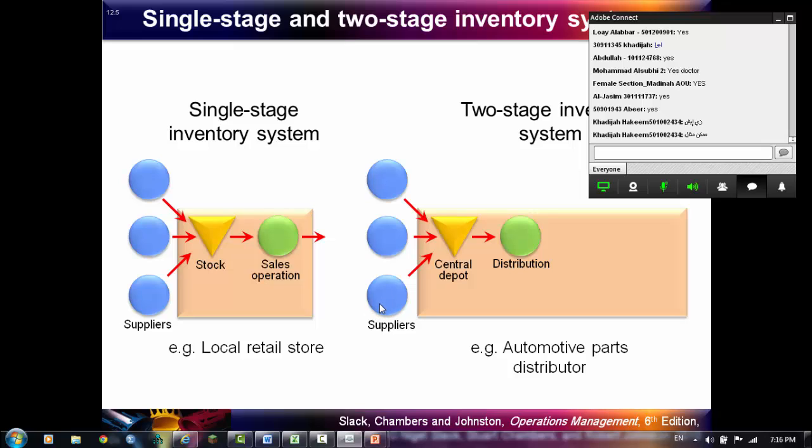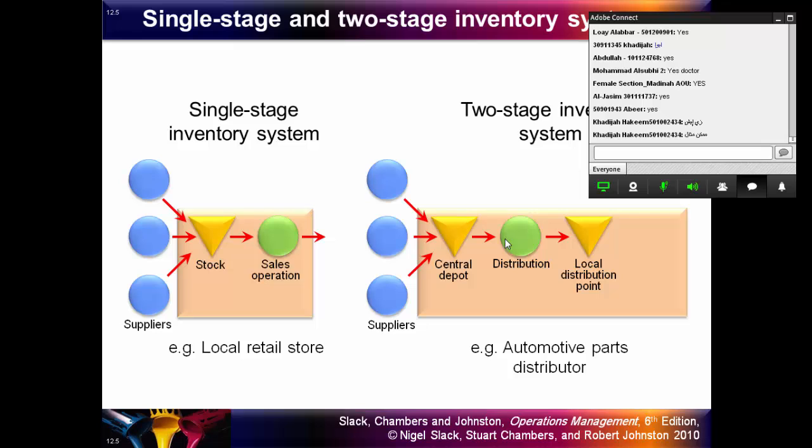They put their parts here in the central depot, or central inventory area, or central stock, and they ask the distribution department to give it to a local distribution point, and the local distribution point also has inventory.